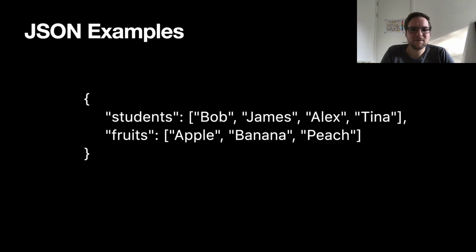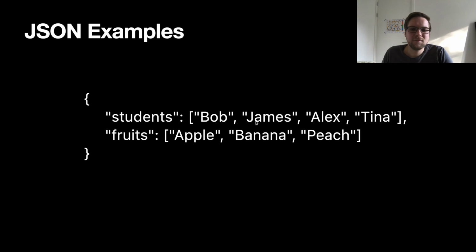The third example is now a little bit more complicated, and it contains an object. Once again, I know that it contains an object because I can see the curly braces here. And this object has two properties. The first is students, and the value of students is an array of strings.